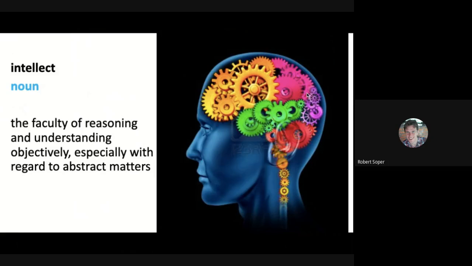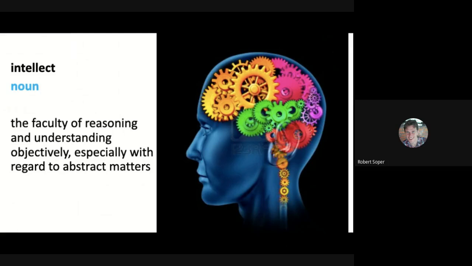Well, we could say, for example, Isaac Newton was a man of great intellect. Why does that sentence work? Well, because Isaac Newton was a man with great ability to reason and understand objectively, especially about abstract matters. And he was very famous for mathematics and physics. So he displayed a great intellect.